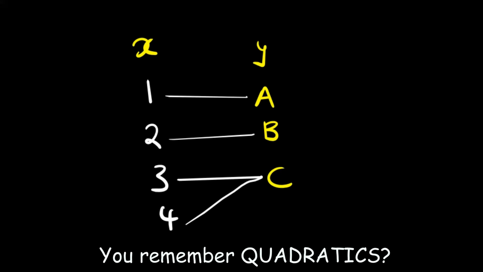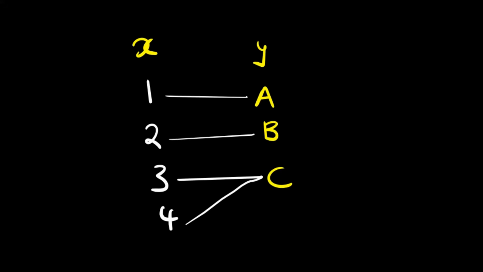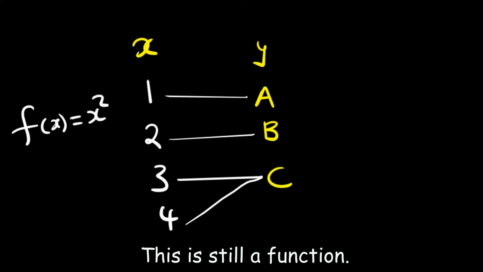You remember your quadratics? You can have two x values that are giving you one y value. If we say x squared is equal to y, that is a quadratic. Or you can even put it like f of x is equal to y is equal to x squared. This is still a function.